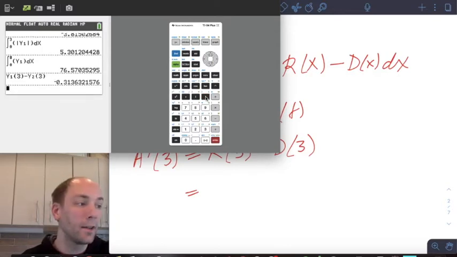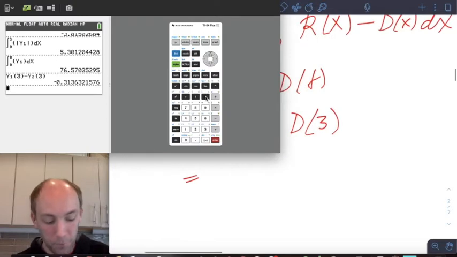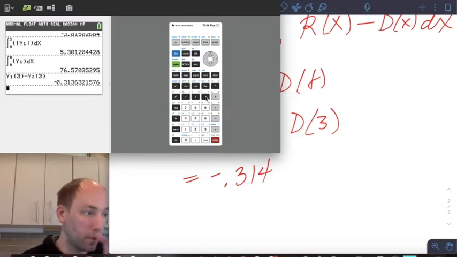And we get negative 0.314, okay? Negative 0.313, 0.314 would be fine, either one of those. As long as you're rounding to the third decimal place, you're going to be fine, okay?